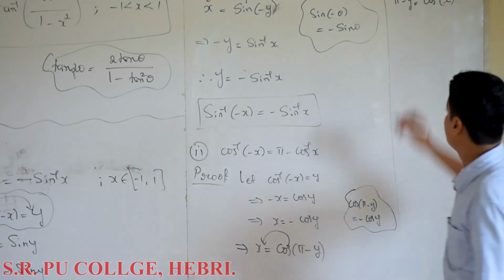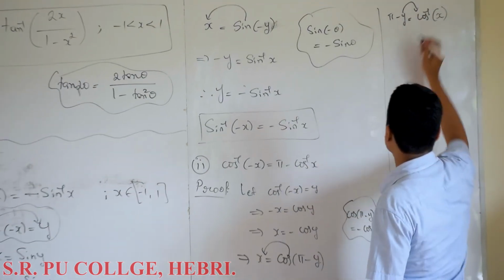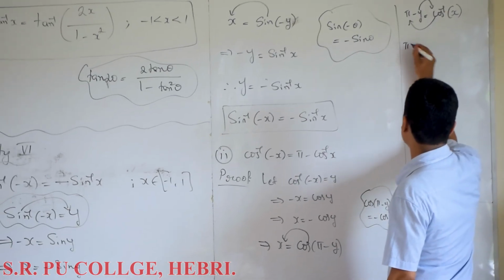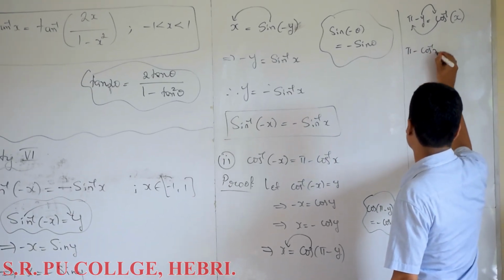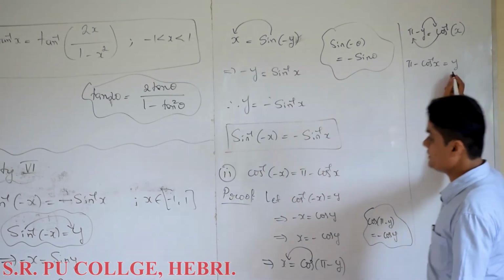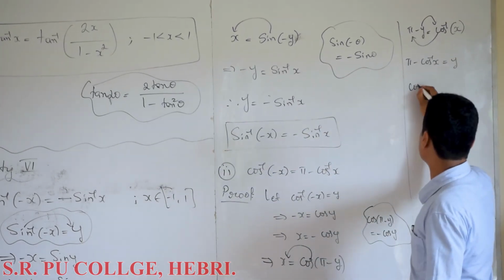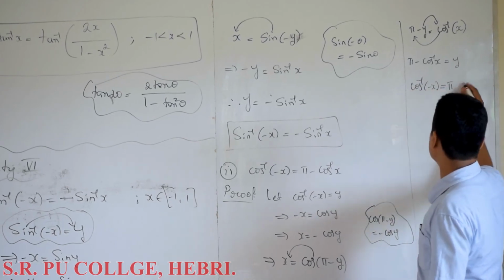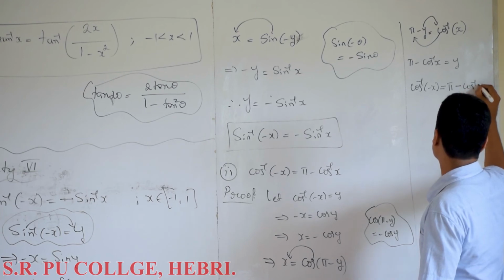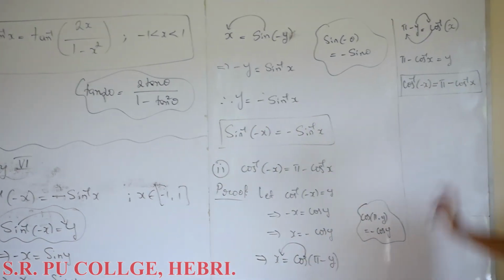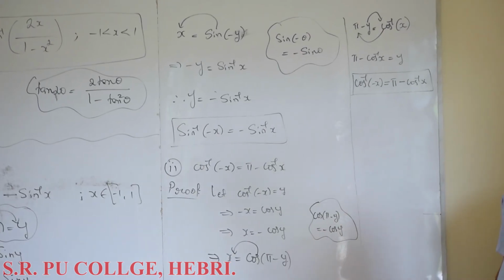We need y, so take y to this side and cos inverse to that side. So pi minus cos inverse of x is equal to y. What is y? In the beginning we took y as cos inverse of minus x. So hence we proved cos inverse of minus x is equal to pi minus cos inverse of x. So remember, cos inverse of minus x is equal to pi minus cos inverse of x.